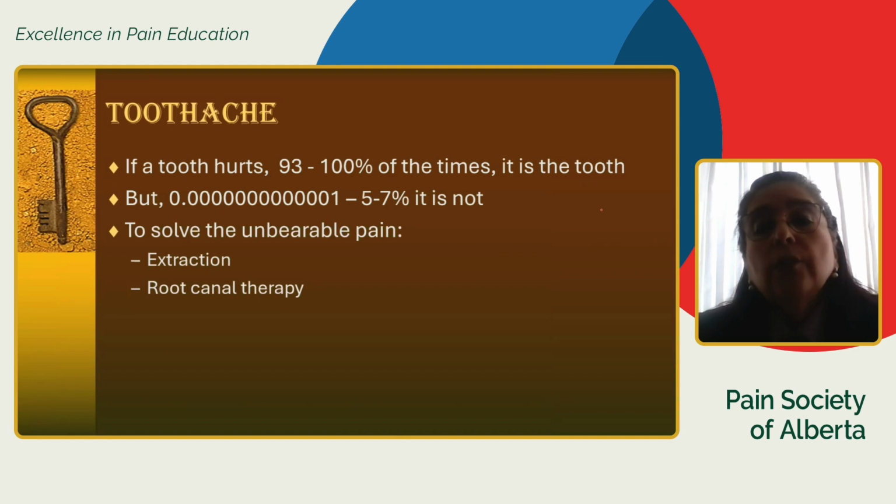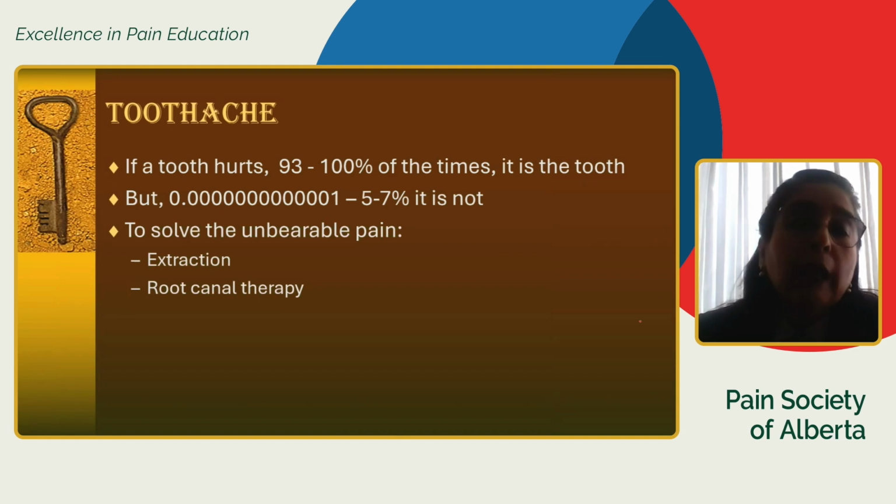So regarding toothaches, if a tooth hurts, we have to be clear that 93 to 100% of the time it will be the tooth. But in a very, very small percentage, up to 5 to 7%, it is not.